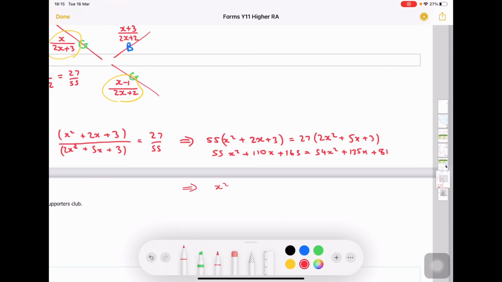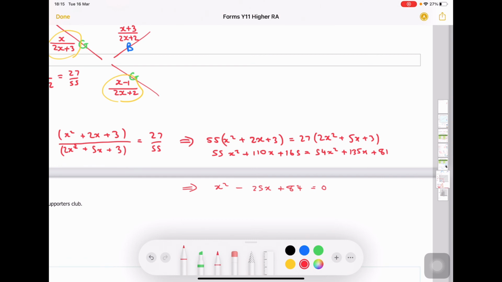Okay, we need to subtract 135x from both sides, and we get negative 25x. Subtract 81 from both sides, it's 84. That's right, equals 0. Please take your time if you are doing this type of question in an exam or just practicing at home, and you'd probably be allowed to use a calculator.